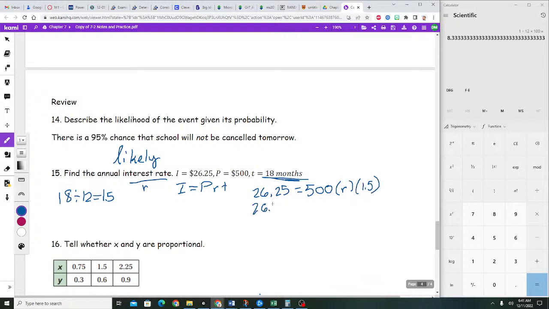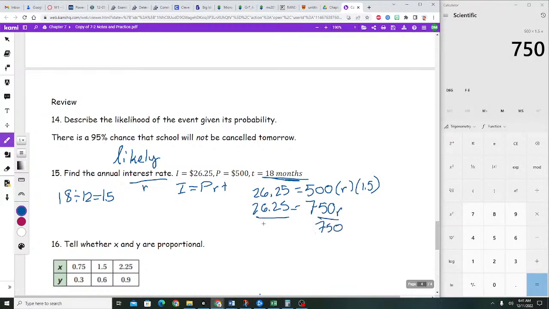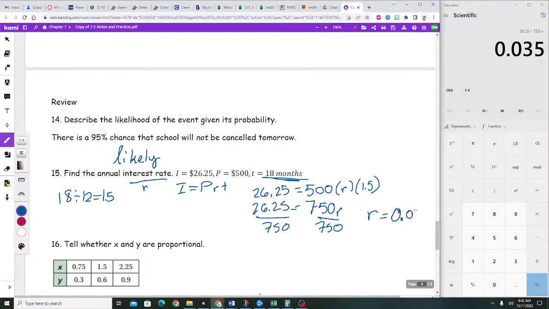So 500 times 1.5 gives us 750. So I'm going to come back over here to 26.25 divided by 750 gives us 0.035, and then we multiply that by 100. And so that gives us 3.5%.